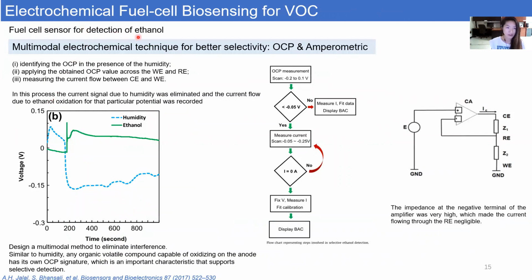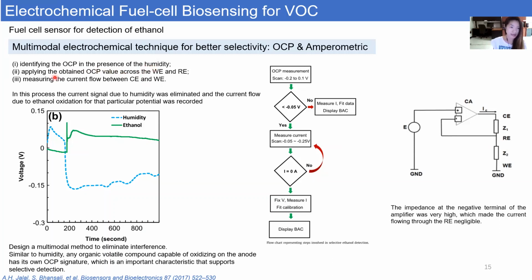Fuel cell sensor for detection of ethanol. We can apply a multimodal electrochemical technique for improved selectivity based on the OCP and the amperometric method. Step one is to identify the OCP in the presence of humidity.